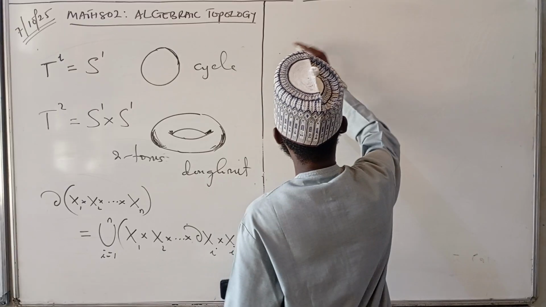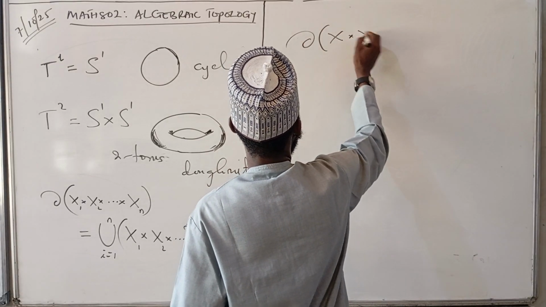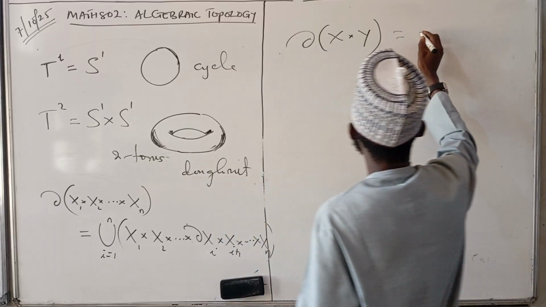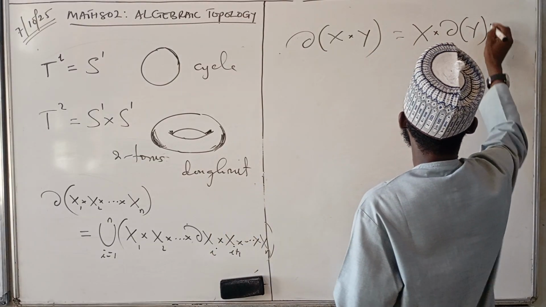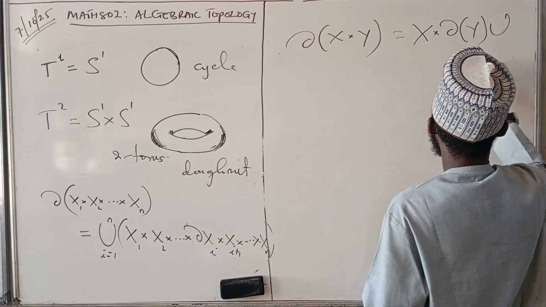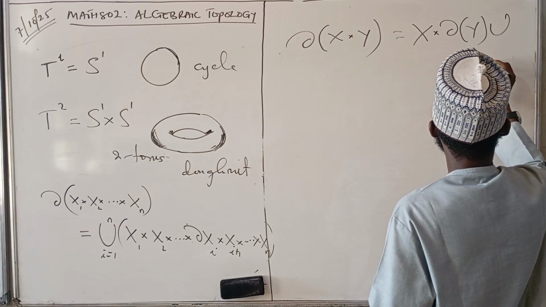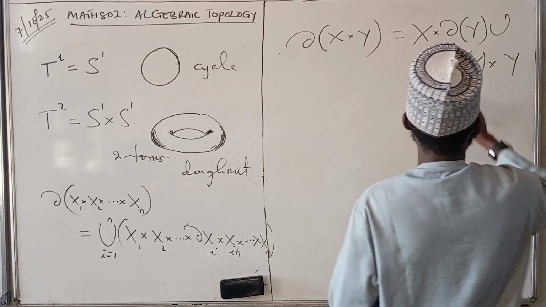Like if you have X cross Y, the boundary will be X cross the boundary of Y, union the boundary of X cross Y. Do you remember this?